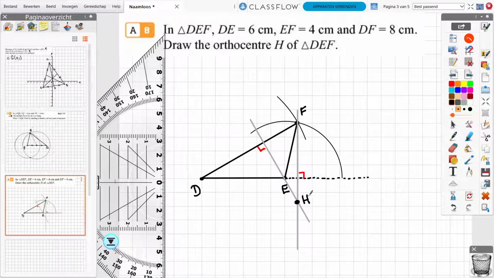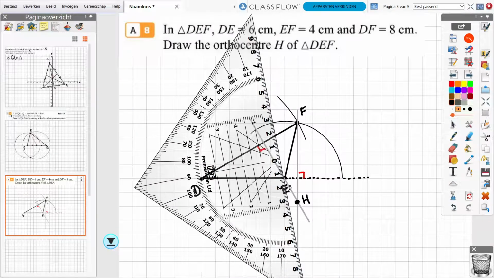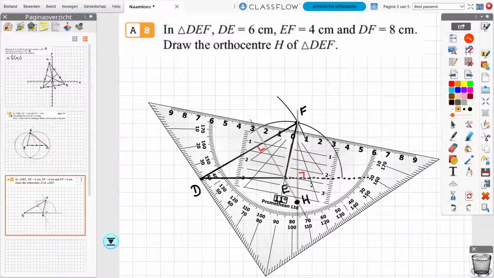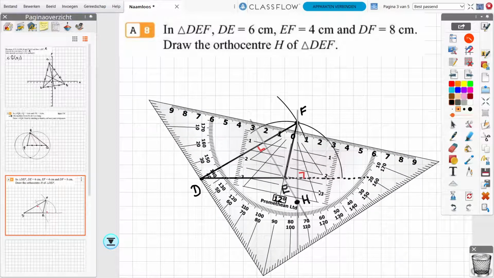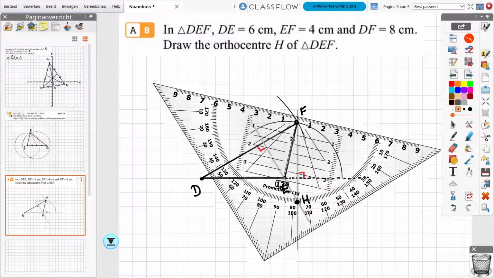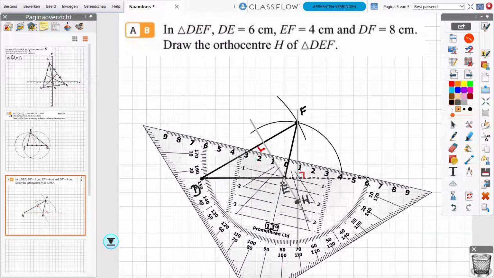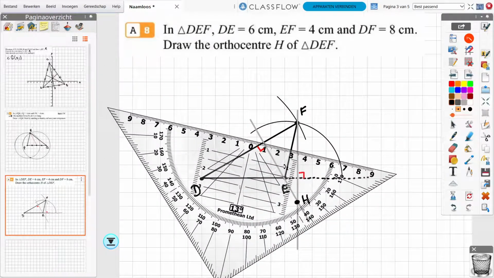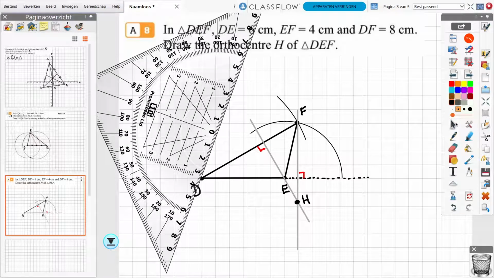And if you don't trust me, draw the third one as well. What we then have to do is align it like this on the last side. Right, something like this. Try to be as careful, so accurate, as possible. Move it around and then say, oh, I don't find it inside the triangle. So I'm now going to extend this line here.